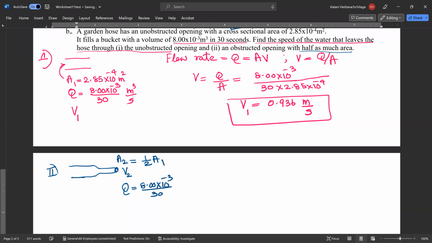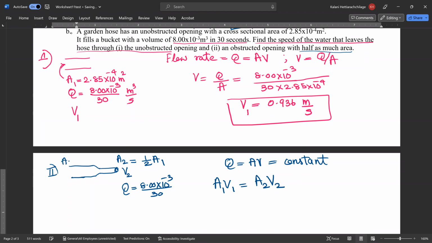Now the question is asking to find the velocity. The flow rate is constant, so let's write Q equals AV constant. That's what the flow rate means. So when it is constant, A1, the unobstructed one, and V1 should be equal to A2 and V2.